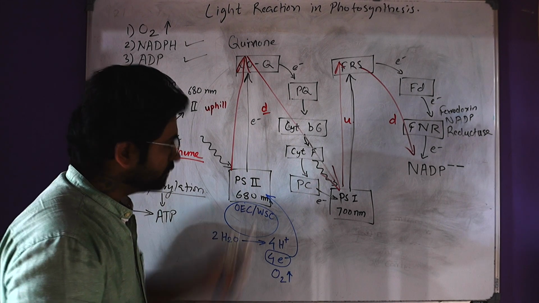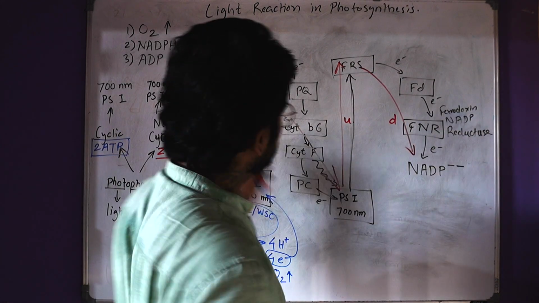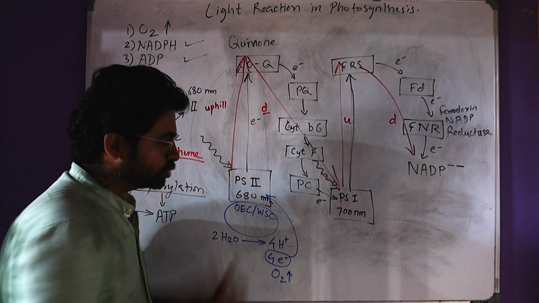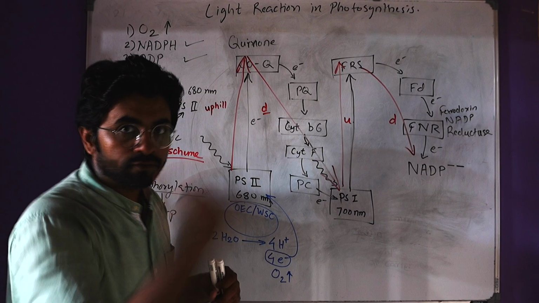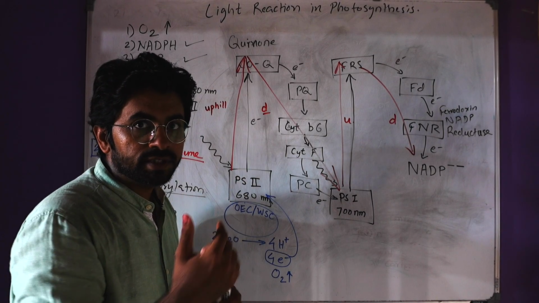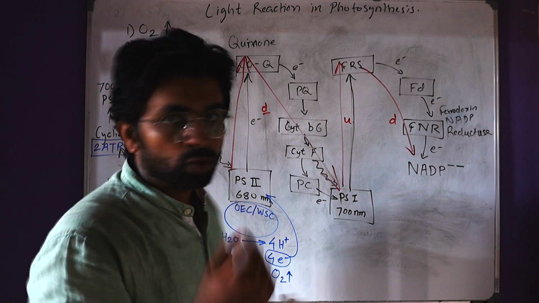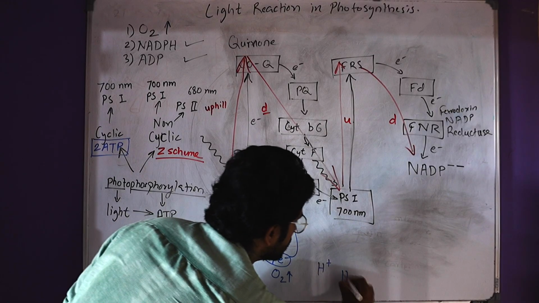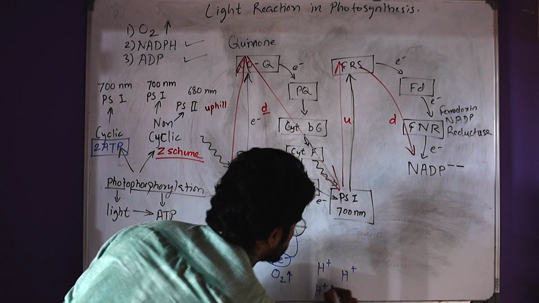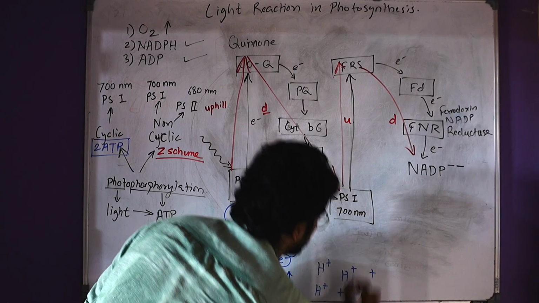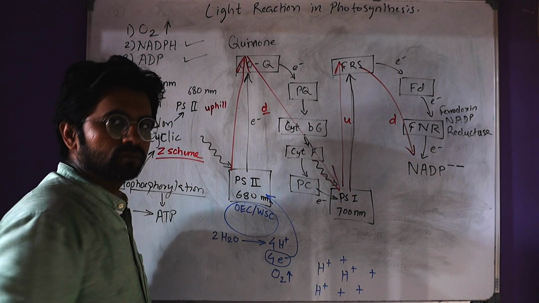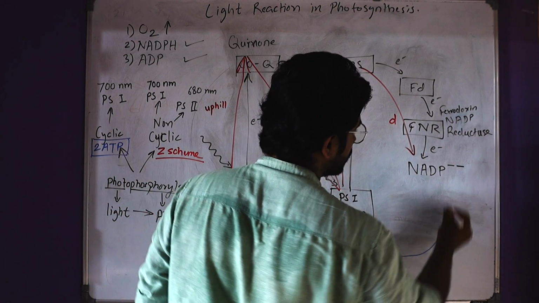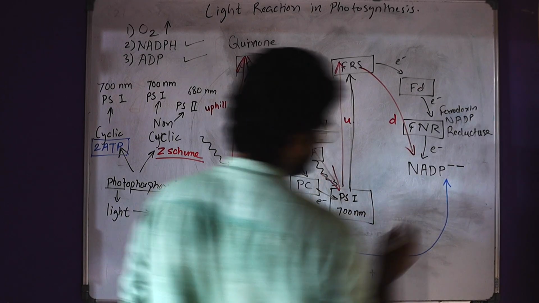If electrons are moving continuously and protons are also getting formed, then inside the lumen of the thylakoid membrane there is a concentration gradient of protons. There will be too many H plus ions here, represented by plus. Some of them will go here.